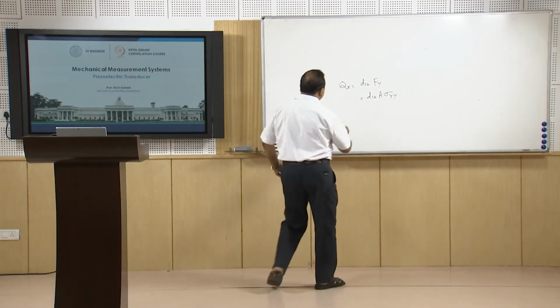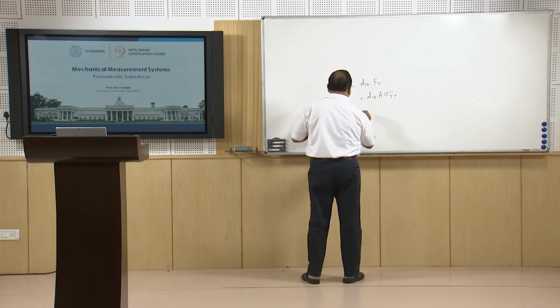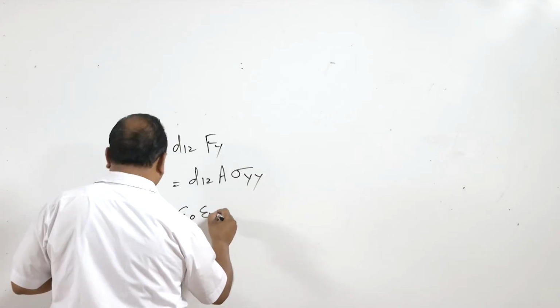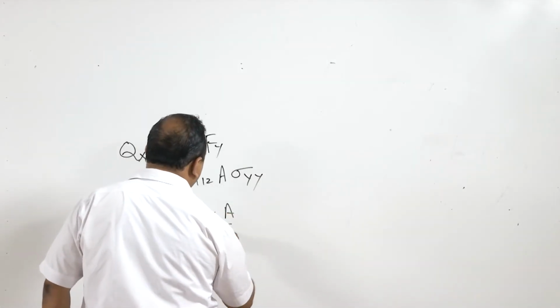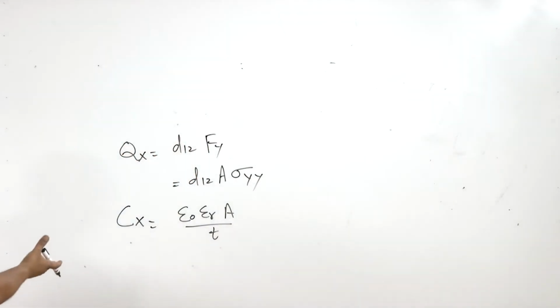Now, Cx is again epsilon naught epsilon r A by T. This is the formula for Cx.